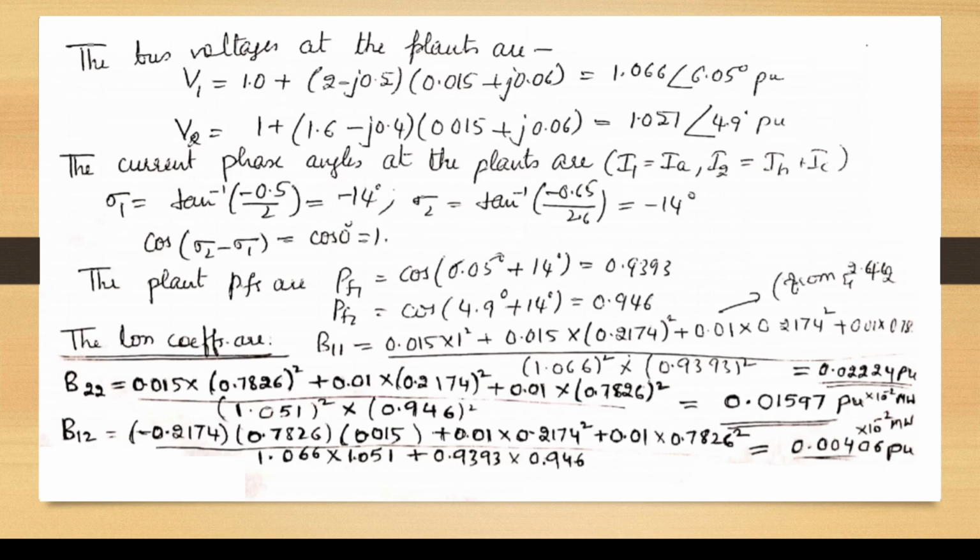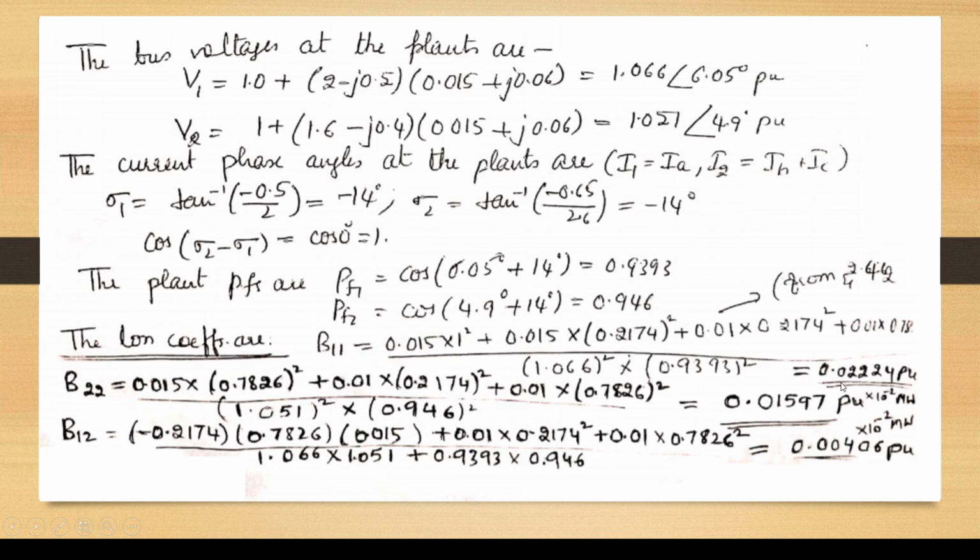Substituting all the values given in the problem, B11 is 0.015 into 1 square plus 0.015 into 0.2174 square plus 0.01 into 0.2174 square plus 0.01 into 0.7826 square, divided by 1.066 square into 0.9393 square.